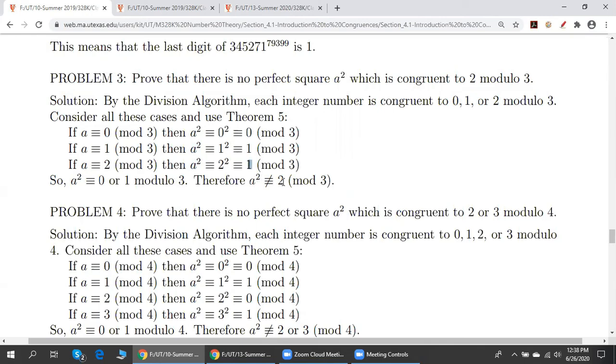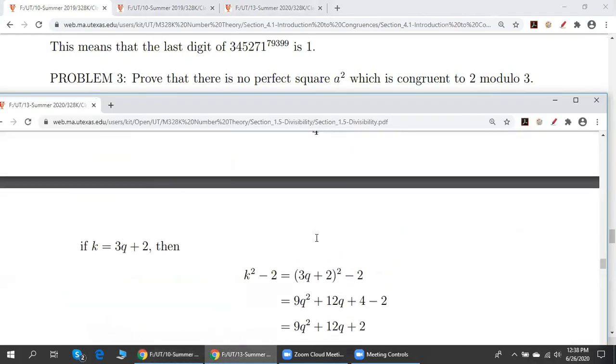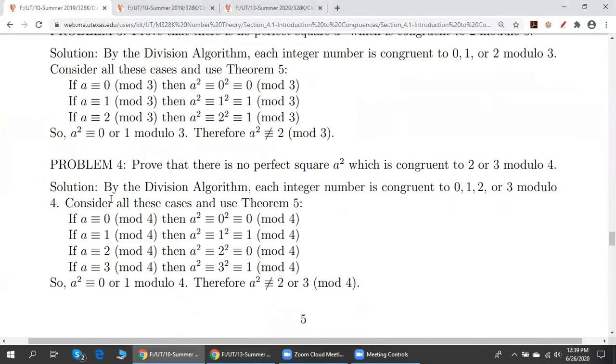Therefore, A squared is never congruent to 2 modulo 3. Done. This example tells us that when we use congruences, often solutions are shorter than if we use expressions like bq plus r.